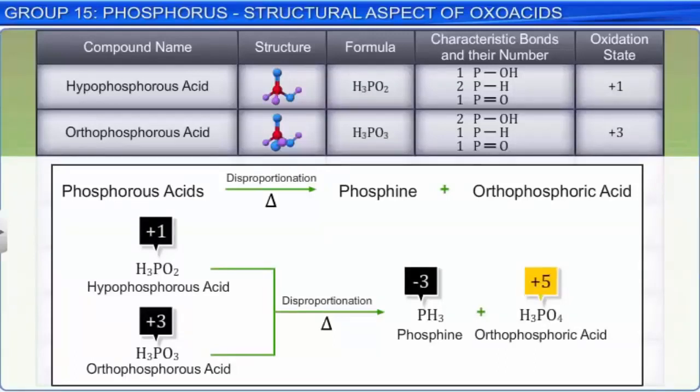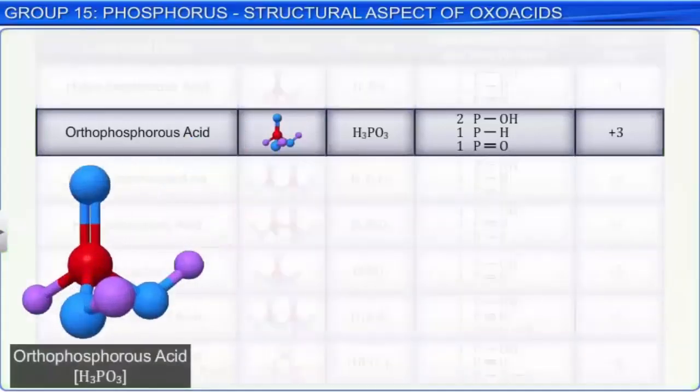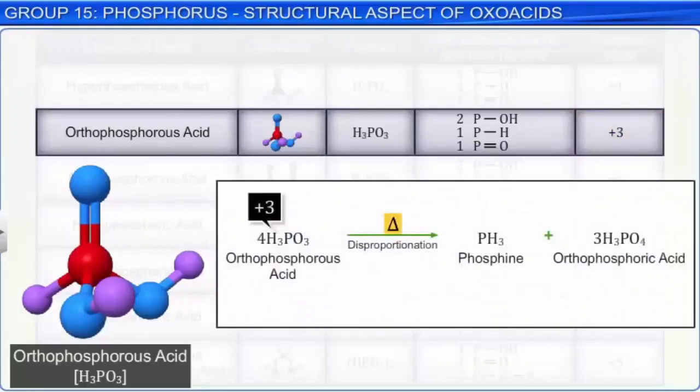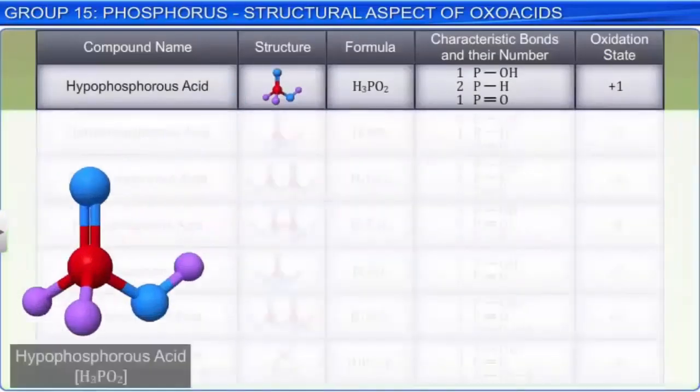For example, orthophosphorus acid, which contains phosphorus in the oxidation state +3, on heating, undergoes disproportionation to form phosphine, which contains phosphorus in the oxidation state -3, and orthophosphoric acid, which contains phosphorus in the oxidation state +5. Also, look at the disproportionation of hypophosphorus acid that takes place upon strong heating.